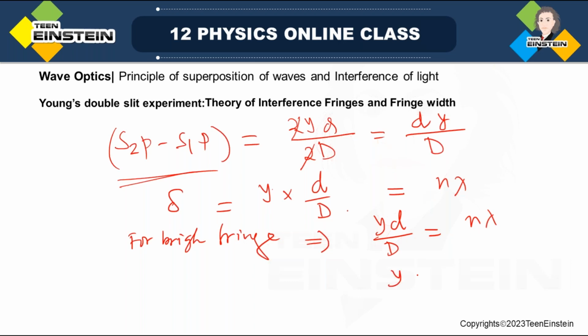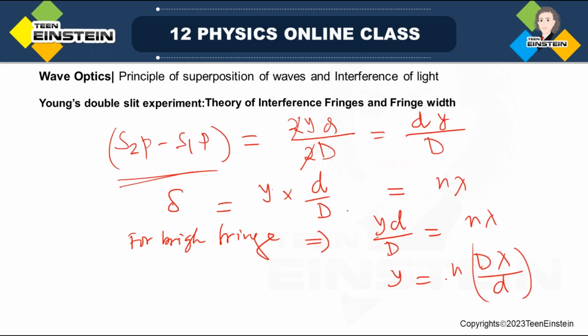So from there we can find out the position y, which is n into D lambda by small d. If you put n equal to 0, 1, 2, etc., we'll get different positions of y. So n equal to 0 means the 0th order or central fringe, that is y equal to 0. So we have found out the positions of the bright fringes.